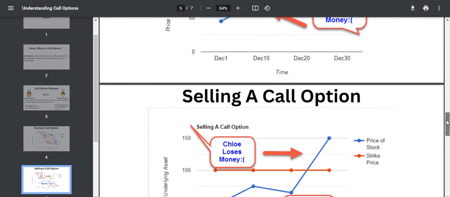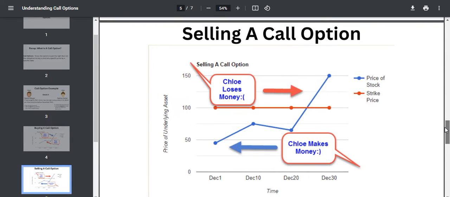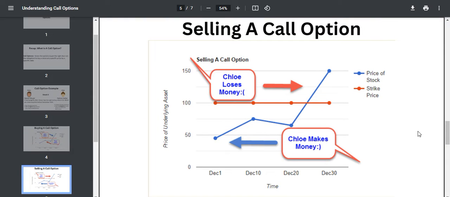So let's look at this trade from Chloe's point of view. Chloe is betting that stock X will not rise above $100 per share, which is the strike price, at any time before December 30th. Obviously, if the stock price of stock X rises above the strike price of $100 per share at or before December 30th, Simon will exercise the option, forcing Chloe to sell Simon stock X at $100 per share, in which case she is going to lose money.